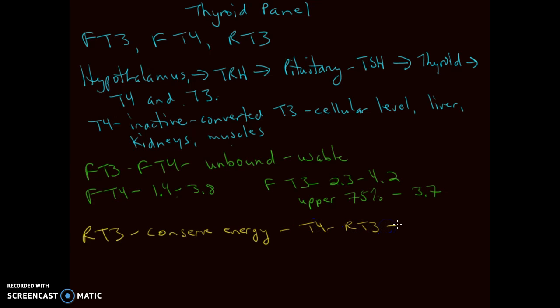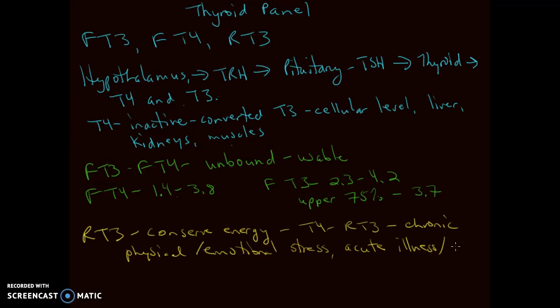Now this can occur in times of chronic physical and emotional stress. It can occur in times of acute injury or illness, chronic disease, and other factors can contribute to this as well.